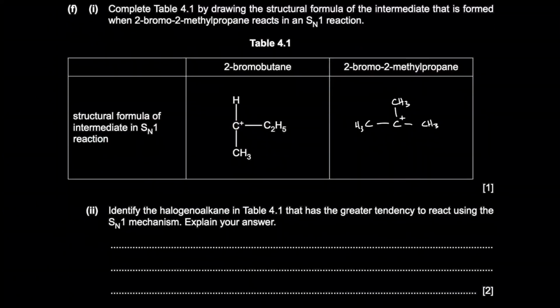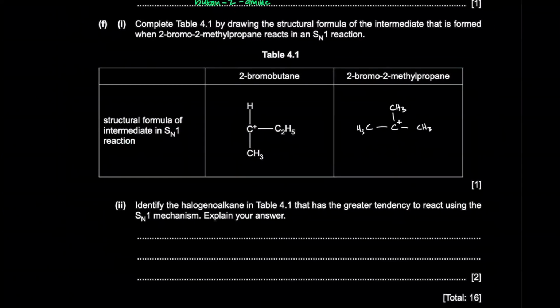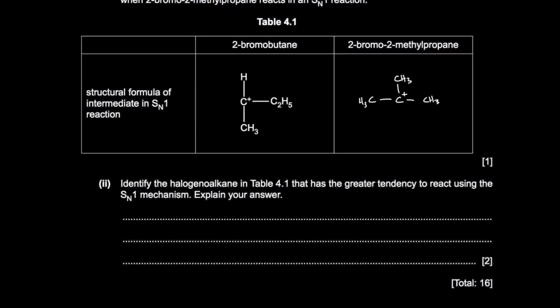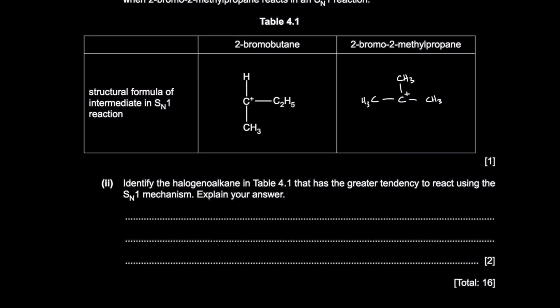Identify the halogenoalkane that has a greater tendency to undergo SN1. Which of these carbocations is more likely to form? The SN1 mechanism forms carbocations. This is a tertiary carbocation. The carbon with the positive charge is bonded to 3 carbons. Whereas this is a secondary carbocation because the carbon with the positive charge is bonded directly to 2 carbons. You have 1 hydrogen.